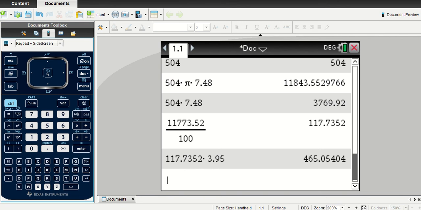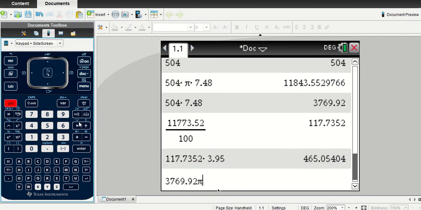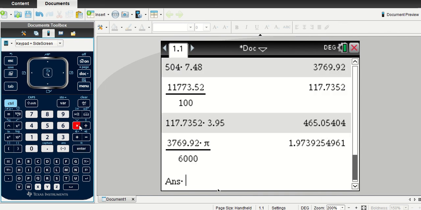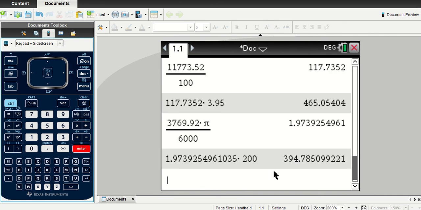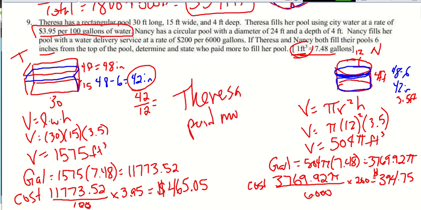So pi divided by 6,000, and then times 200. And we get $394.75. And so who paid more? That would be Teresa. Teresa paid more. All right, I will send the next 2 pages later on today. So enjoy, guys.